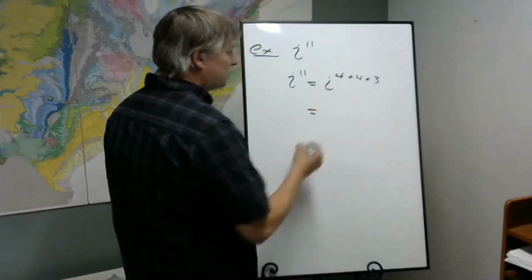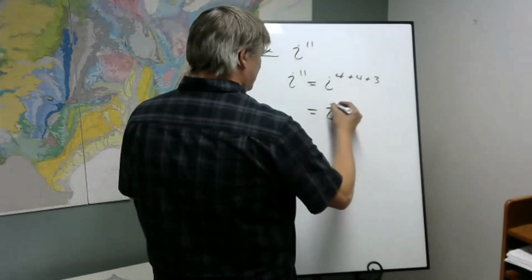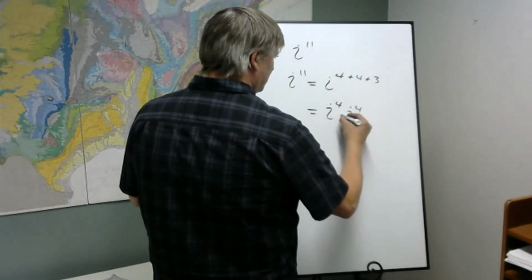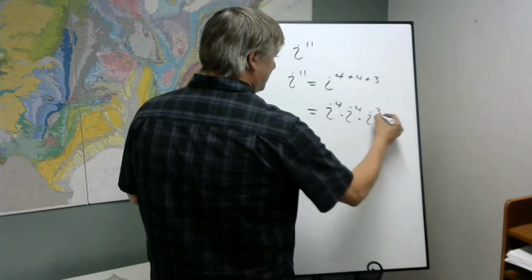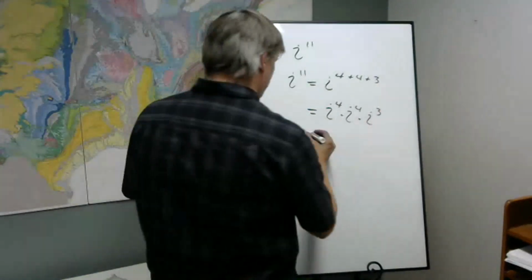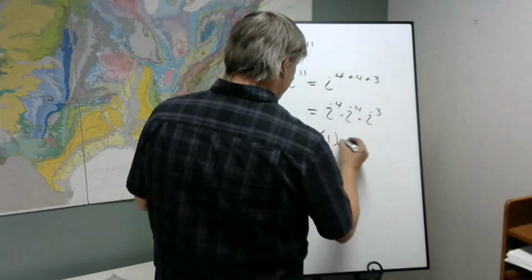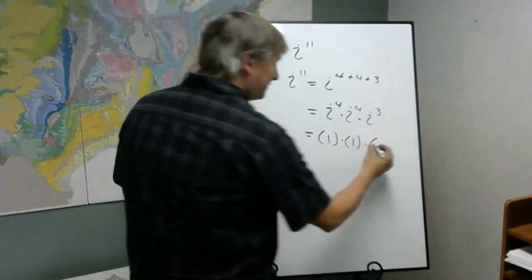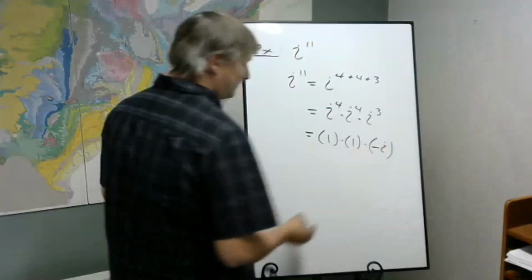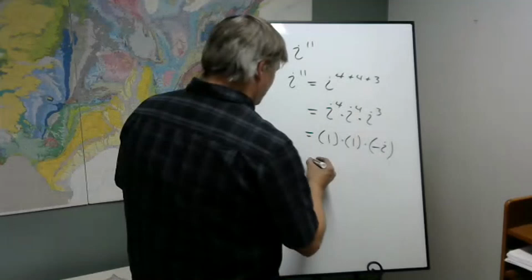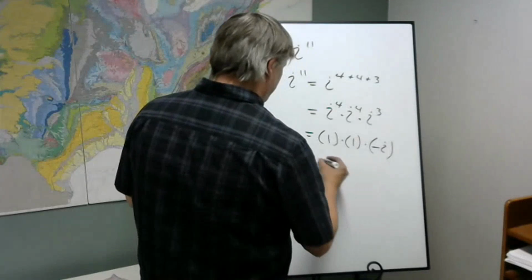And then using our rules for exponents, this would be I to the 4 times I to the 4 times I to the 3. Now I to the 4 is 1. So this will be 1 times 1 times, and I to the 3 was negative I. So anything times 1 is just that, anything. So we get negative I.